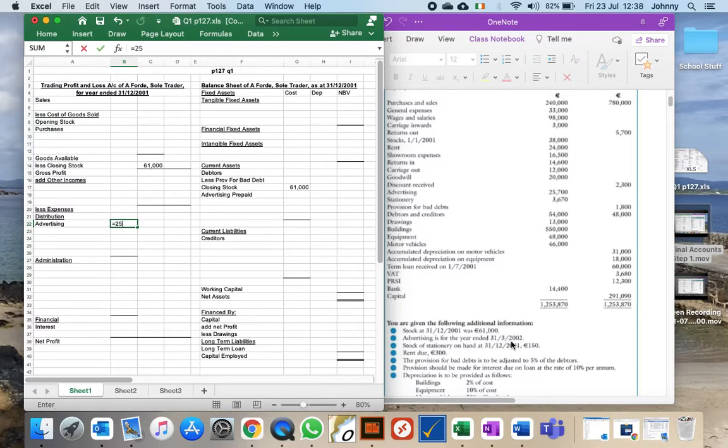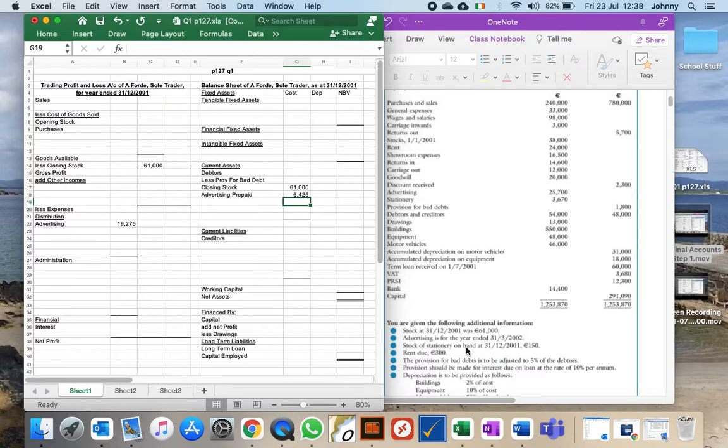So it'll be the 25,700 given in the question times 9/12 for this year's, okay, and then the advertising prepaid current asset. It's a current asset because we've paid for something, we're owed this money back from the advertising people. 25,700 times 3/12. So that's going to be our current asset.